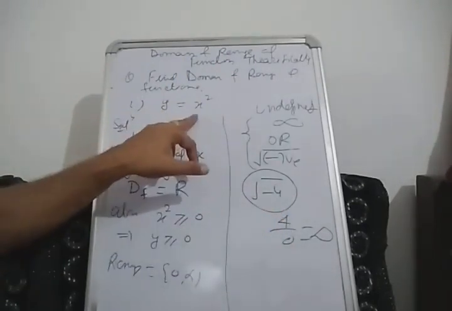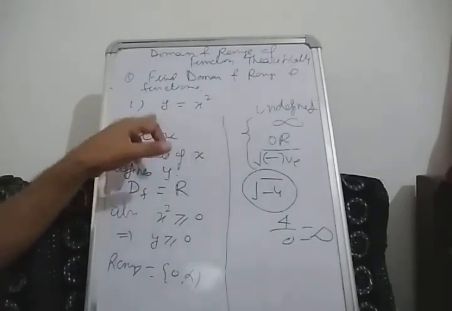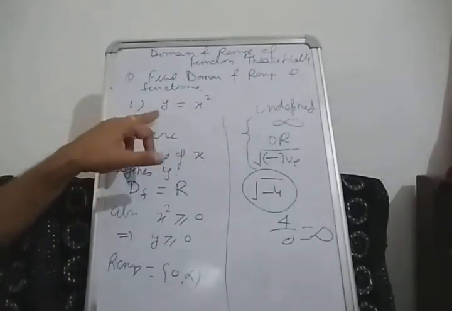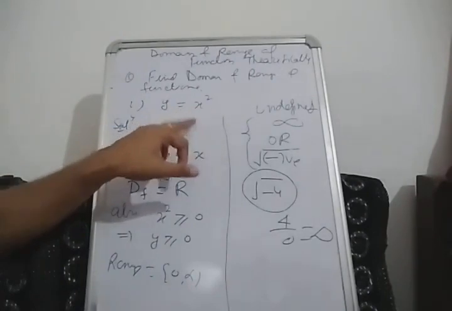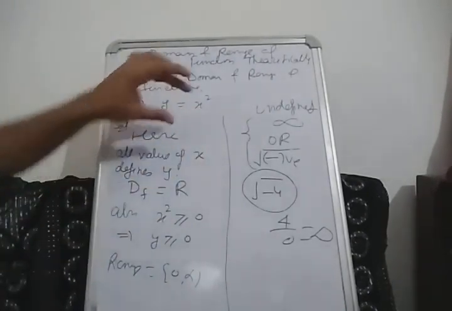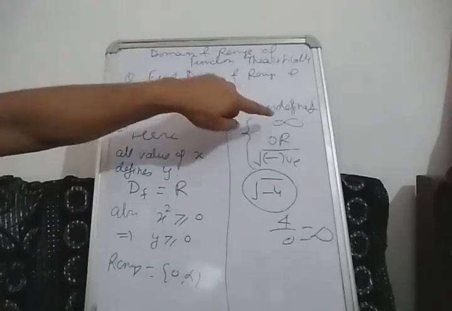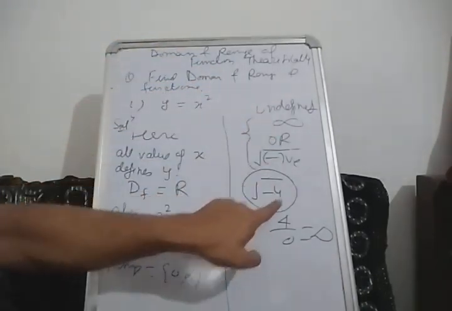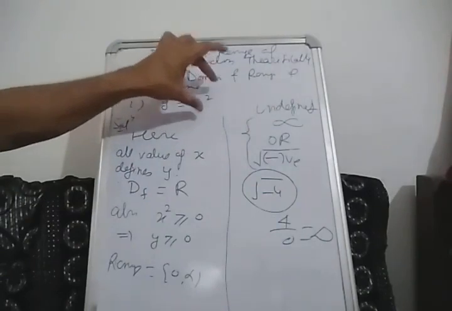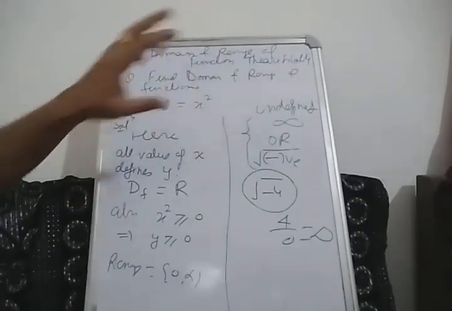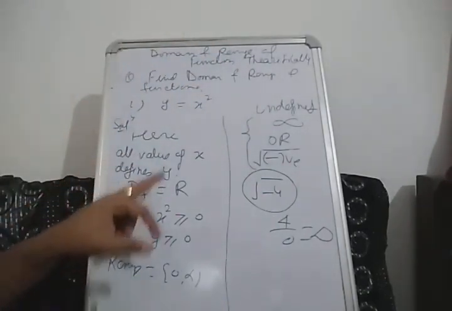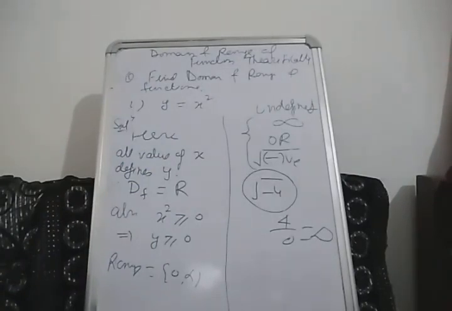If you put 1, y will be 1. If you put root 2, y will be 2. If you put x as square root of 3, y will be 3. It means you can put any value of x, and y is never infinity or the square root of a negative. So any value of x means all the real numbers. The domain of the function is the real numbers.